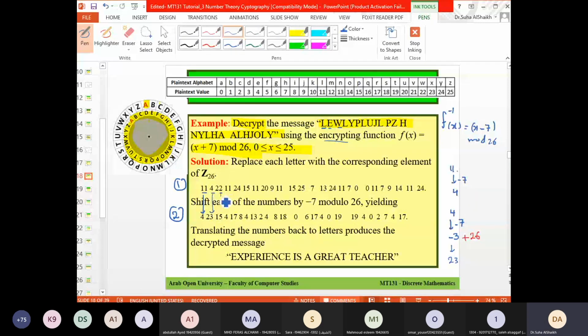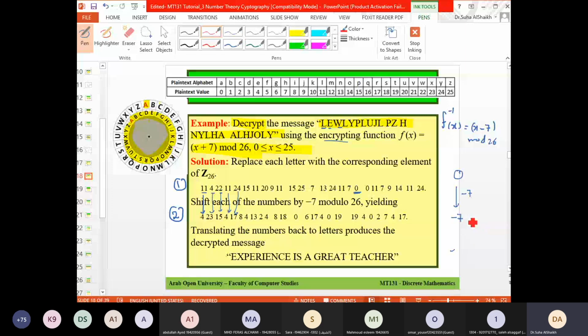The 22, subtract 7, 15. The 11, subtract 7, 4. The 24, subtract 7, all of these are going fine. Now the zero, for example. This is zero. If I subtract 7 it will be what? -7.